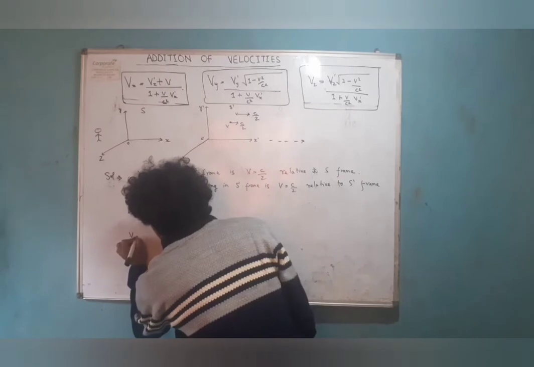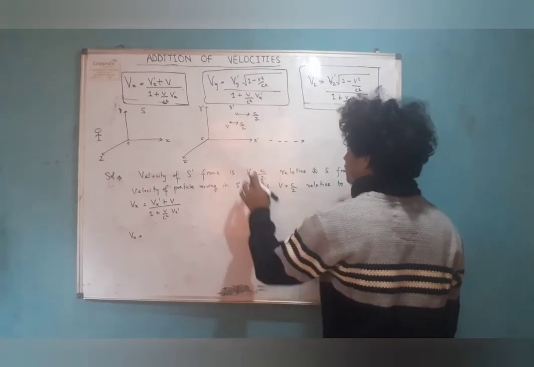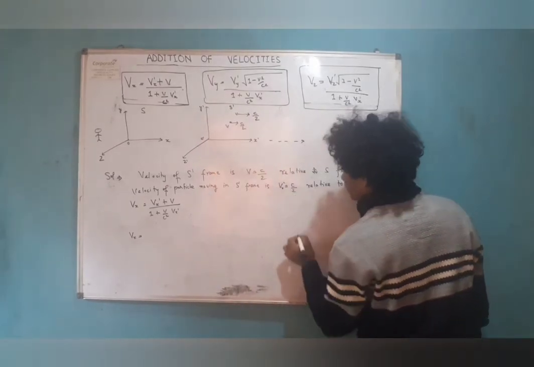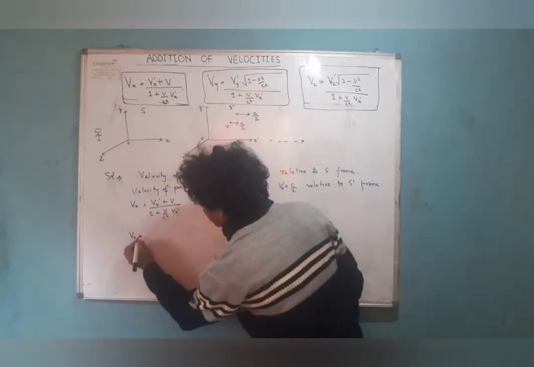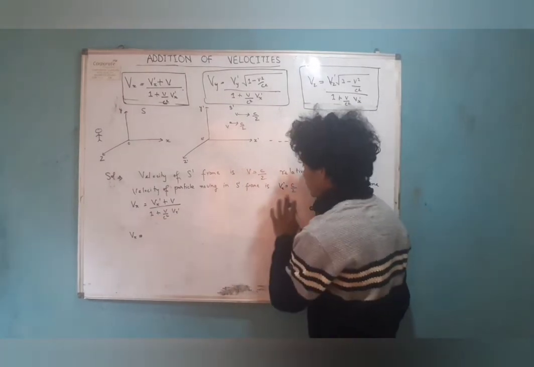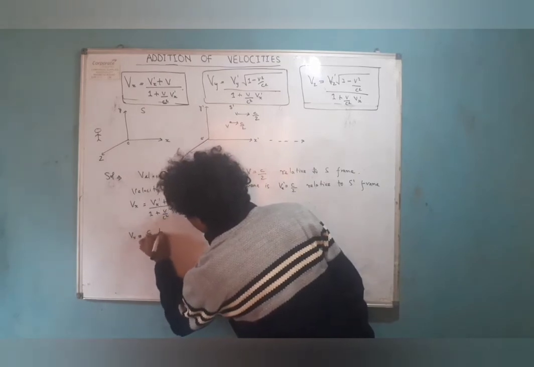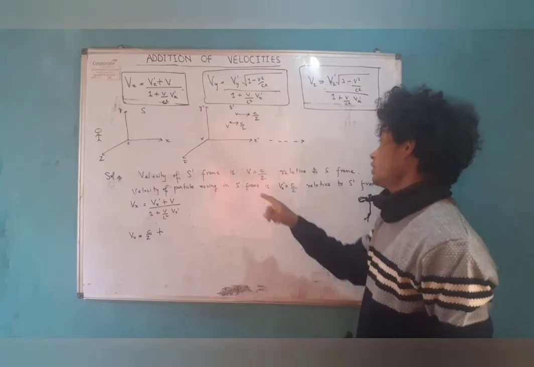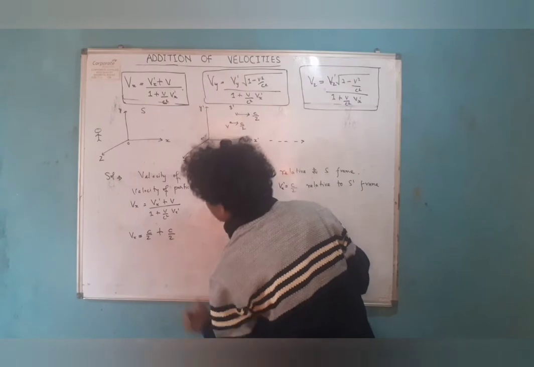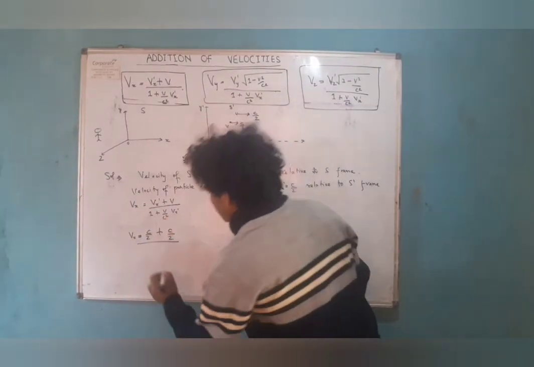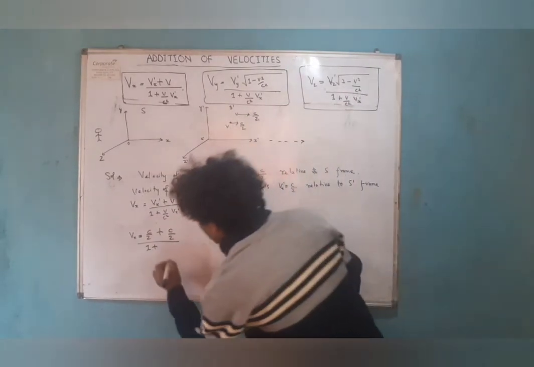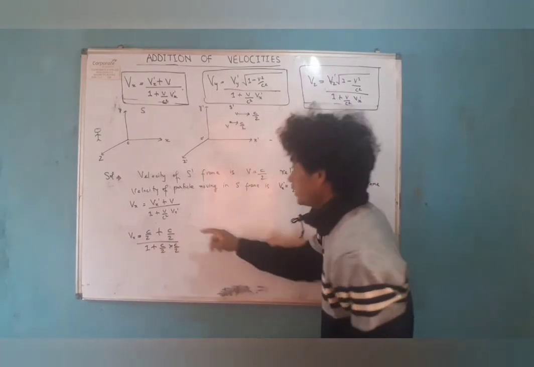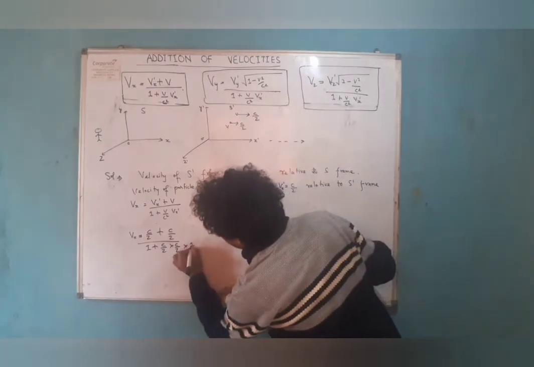The particle is moving in the S prime frame, so this must be Vx prime, and the particle velocity is c by 2, so for Vx prime we write c by 2, plus V, which is c by 2, the velocity of the S prime frame, divided by 1 plus V, which is c by 2, and Vx prime is also c by 2, into 1 by c square.